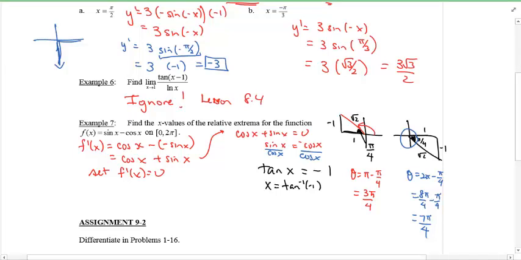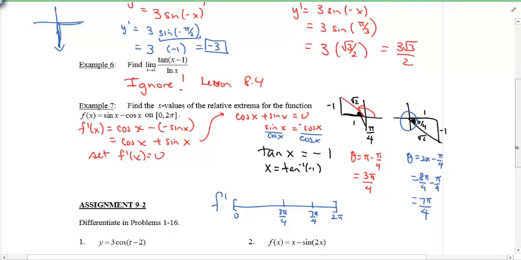But if you think you're done, you're not. We actually found the x values, but you didn't tell me which one's the max or min. So remember how we did that? Number line. In this case, I'm starting at 0, going to 2 pi. And now I have these values of 3 pi over 4 and also 7 pi over 4 that are my critical points.